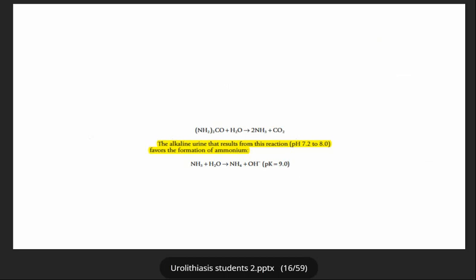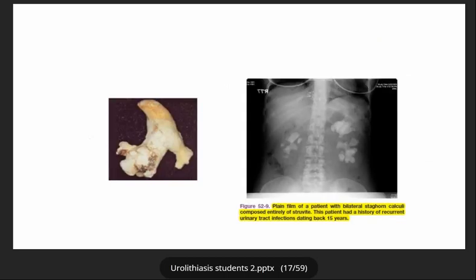And ammonia is the reason for the urine to be alkaline in the setting of this stone. And usually they form a distinct shape, called staghorn calculi. And you can see on the right-hand side, there are bilateral kidney stones formed as staghorn. So these are typical of struvite stone.